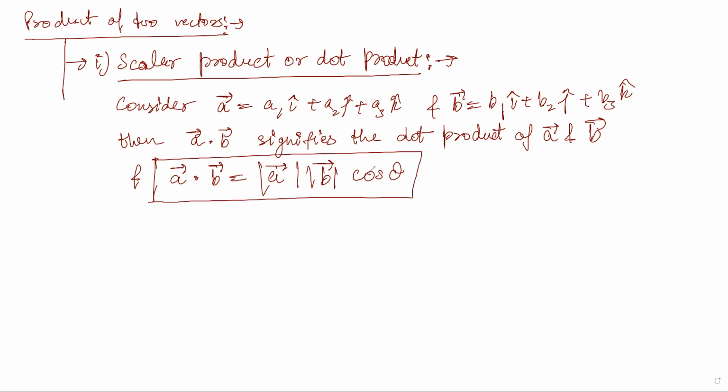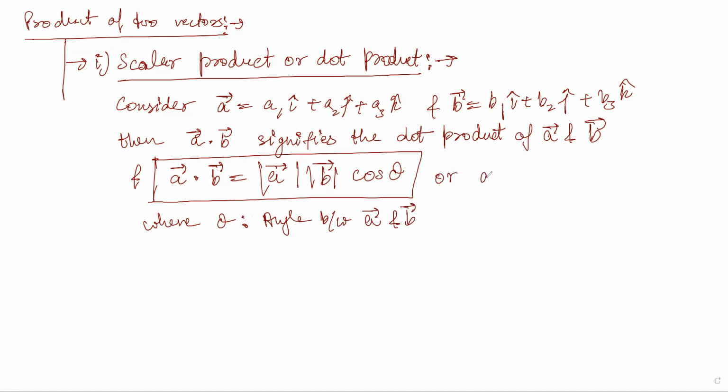There are two formulas for calculating A dot B, either mod A, mod B, cos theta, in which case theta would be the angle between A and B, right?